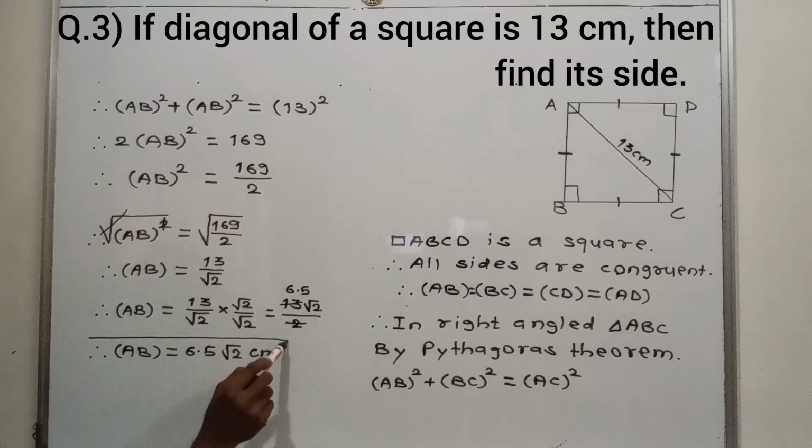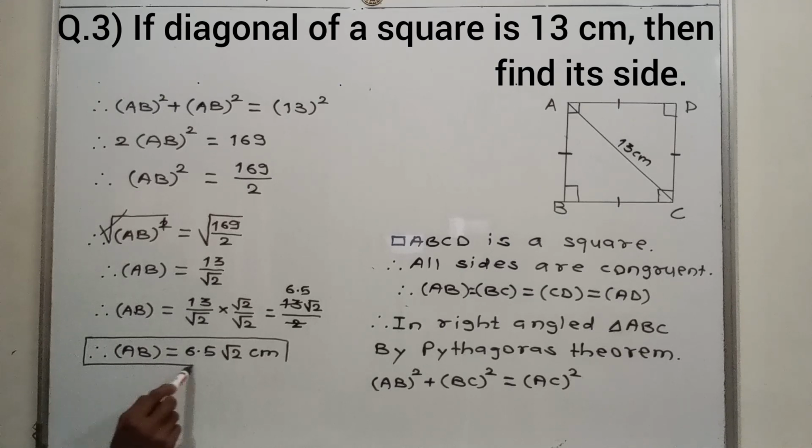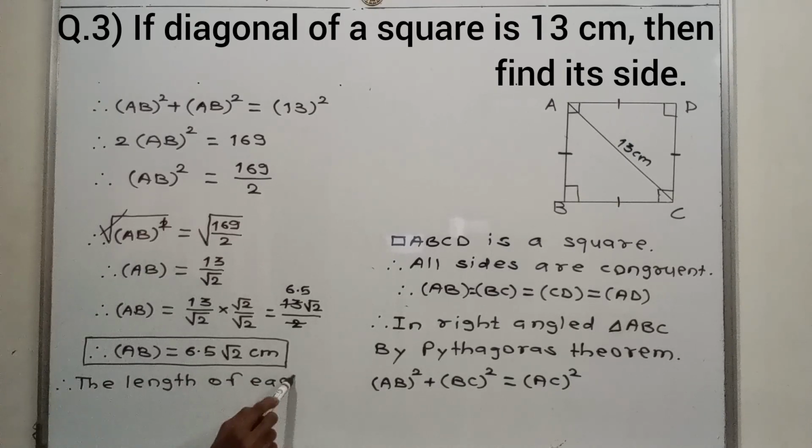Therefore the length of each side of the square is 6.5 square root of 2 centimeter.